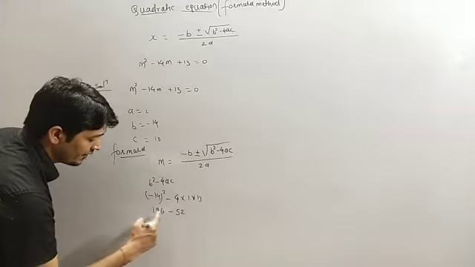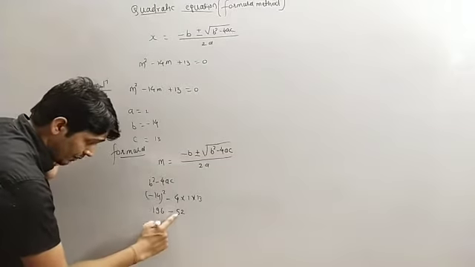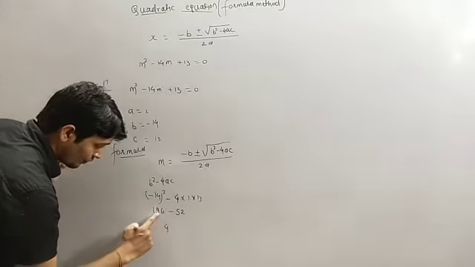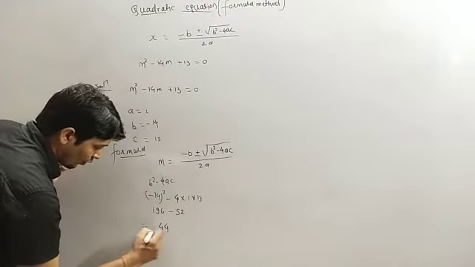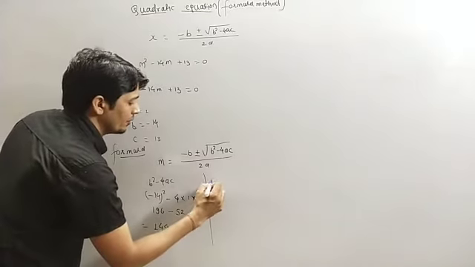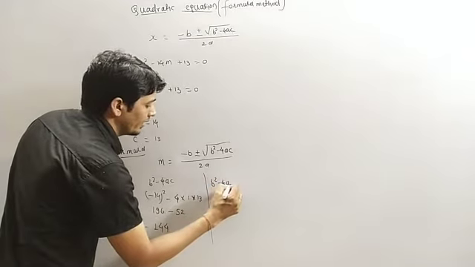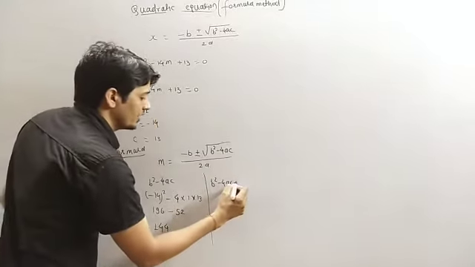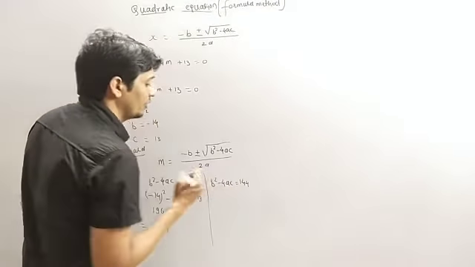So if we solve, 6 minus 2 is 4, 9 minus 5 is 4, and here we have 1. Therefore we have derived that b square minus 4ac for this equation is 144.